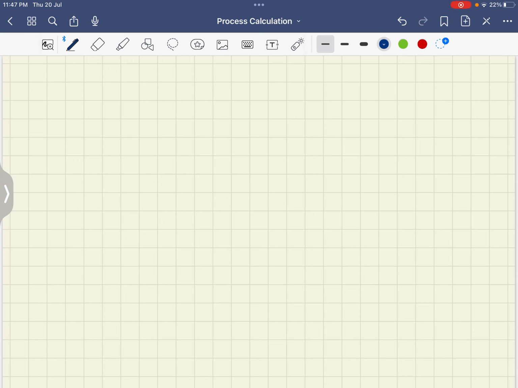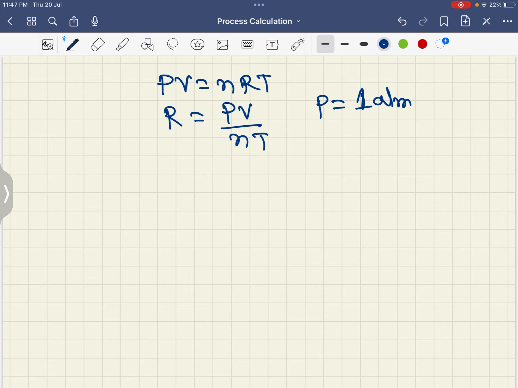Now we know ideal gas law. So PV is equal to nRT. R will be PV by NT. Now P is the pressure, so that is 1 atm.